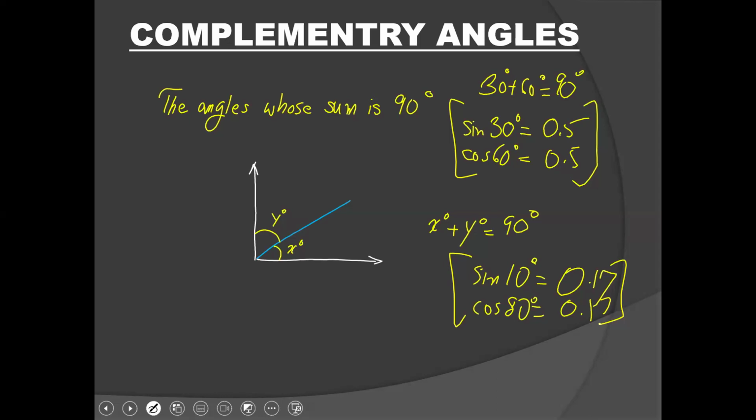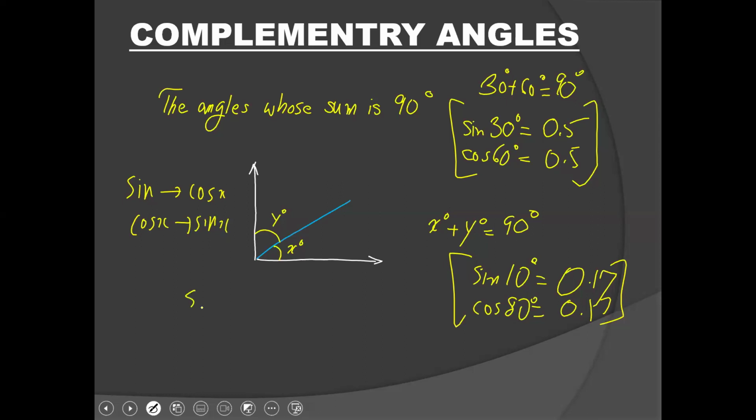If two angles are complementary, the sum of the angles is 90, and the value of sine becomes equal to the value of cos. At complementary angles, the sine value is equal to the cos value, or the cos value is equal to the sine value.